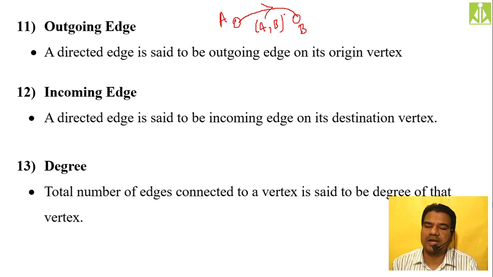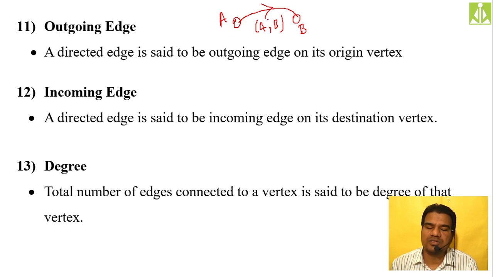So edge AB is the outgoing edge for vertex A.